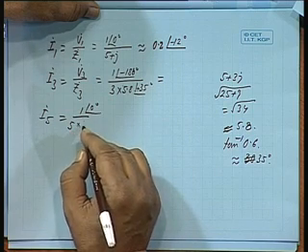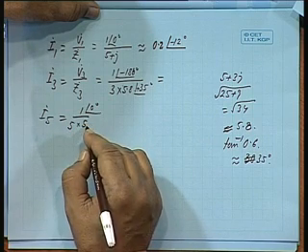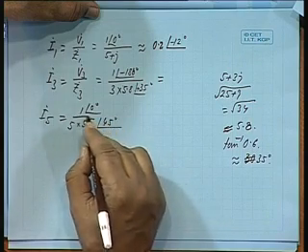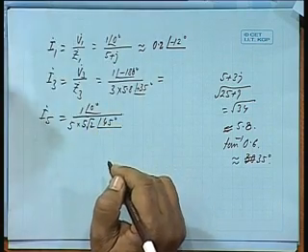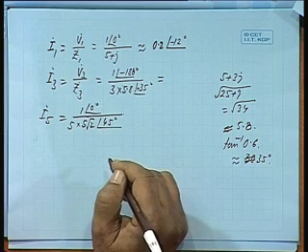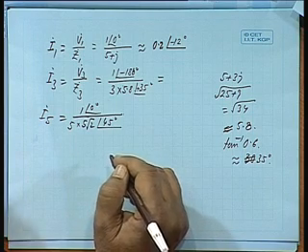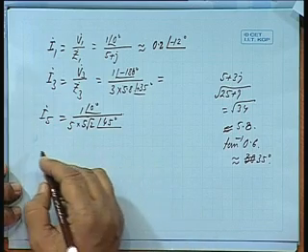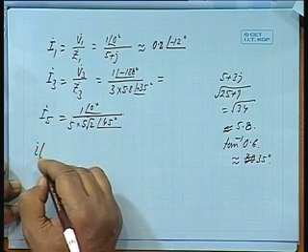Similarly, I5 will be 1 by 5, angle of 0 degree, and this is 5 plus j5, so 5 root 2 and an angle of 45 degrees.